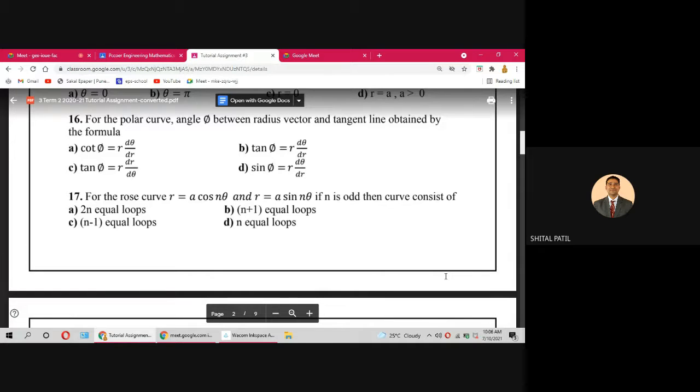We studied it. Whenever I am saying number of loops, it is the equation of the Rose curve. r equal to a cos n theta and r equal to a sin n theta.